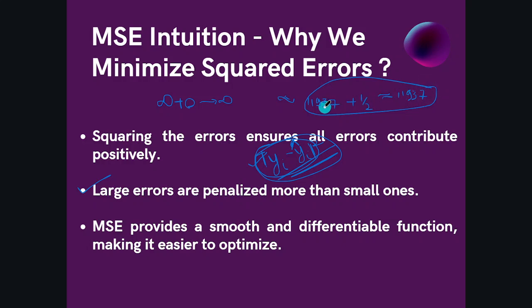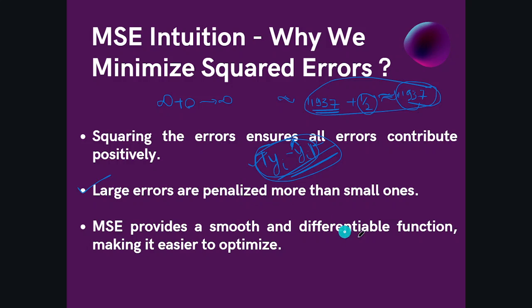This number is much bigger than 0.5, and that is why, by intuition, for minimizing the error and predicting the rough value, we can say that this is equal to this.